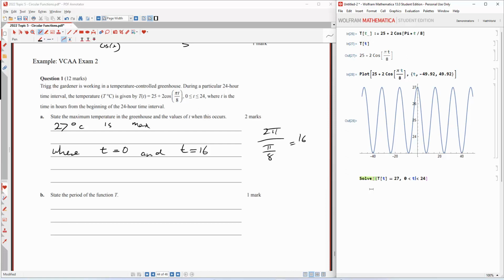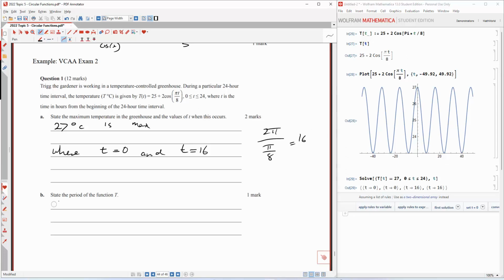Now I know it does actually happen at the endpoint, so we better put equal, just to be safe. Close squiggly, solve for t. So t is 0, t is equal to 16. Okay, state the period of the function, so that's this one here, which is 16. So for 1 mark, don't need to show any working out.